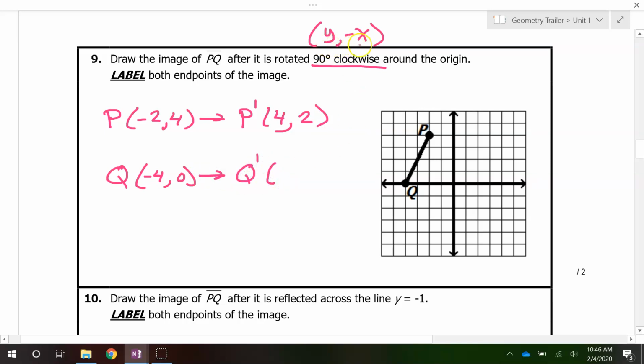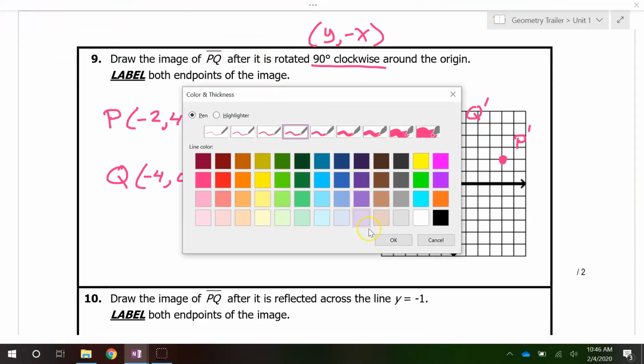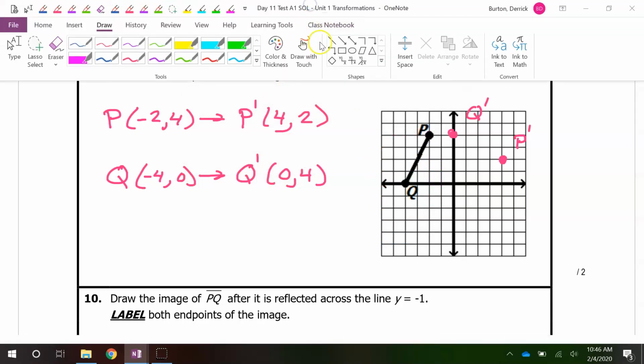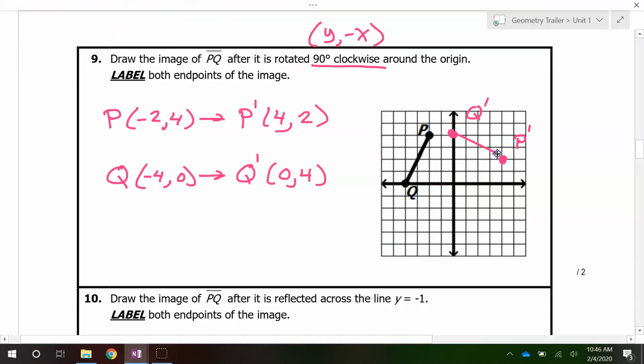Again, we're doing (y, opposite of x). Y is 0. The opposite of x is +4. So (4, 2) will be P prime, and (0, 4) will be Q prime. Okay, that's it.